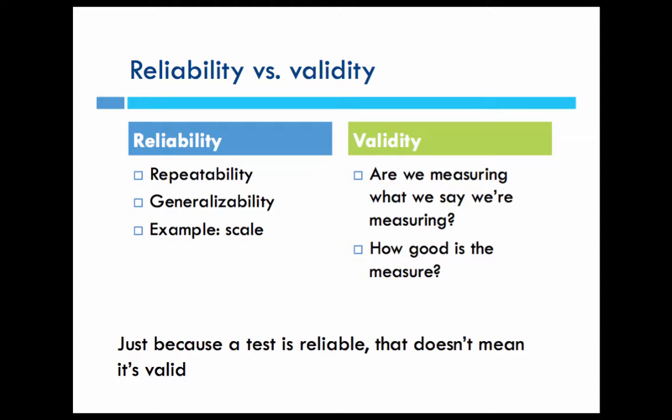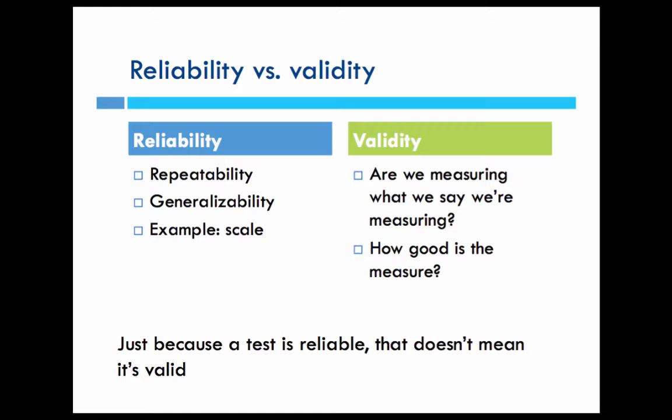Another two things we need to take into account when choosing an assessment are the reliability and validity of the test. Reliability is determined by repeatability and generalizability. For example, if this is a weighing scale we're talking about, if the scale is reliable, weighing a 5-pound dumbbell, the scale will repeatedly read 5 pounds when we place the same dumbbell on there, and will repeatedly weigh 10 pounds when we place a 10-pound dumbbell on there.